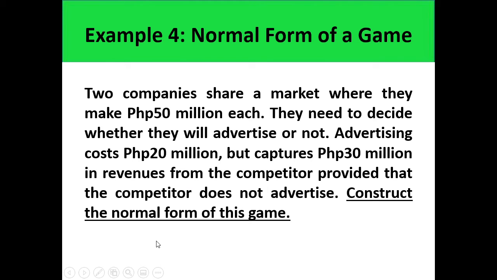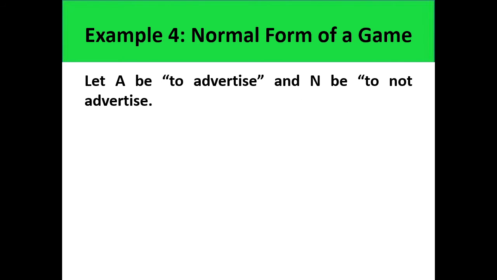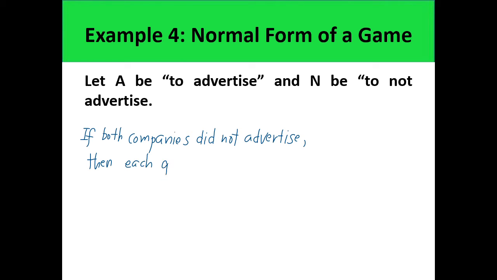Now let's construct the normal form of this game. To simplify our normal form, we will use A for advertise and N for not advertise. If both companies do not advertise, then each company will get 50 million.